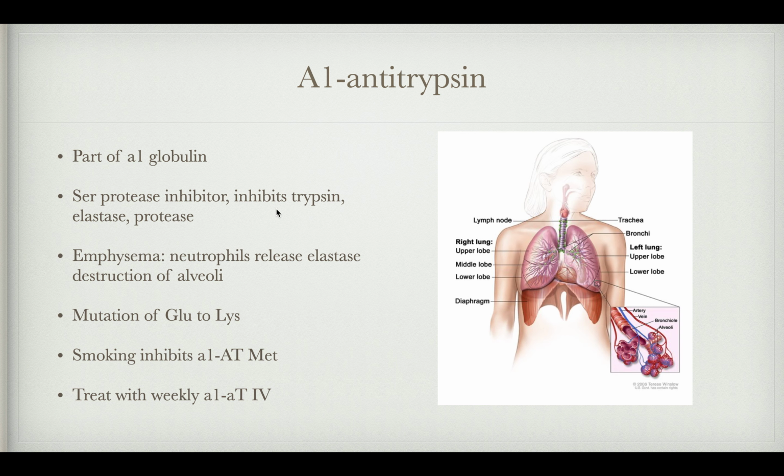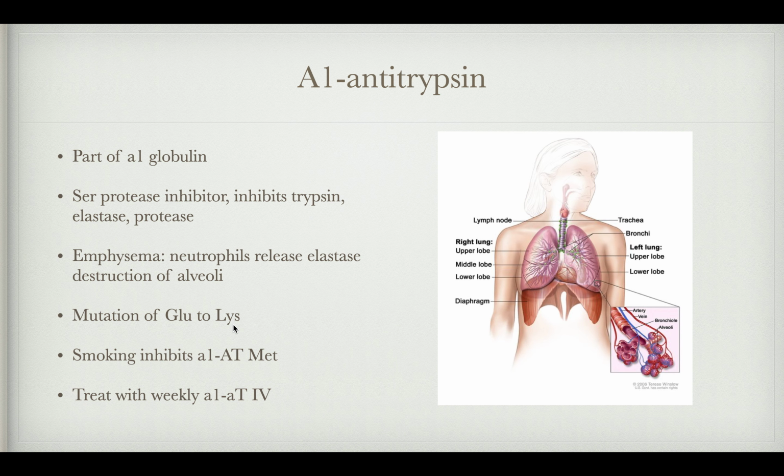So the antitrypsin will prevent the destruction of the alveoli. So in emphysema, the mutation is a glutamate to a lysine, so an acidic amino acid to a basic amino acid.